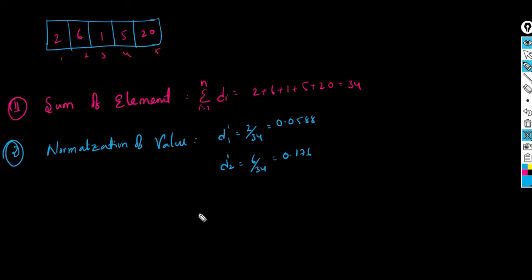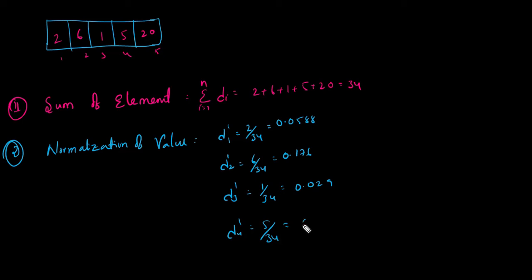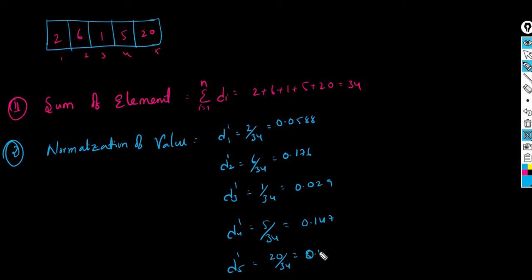In d3, we take 1 by 34, we will get 0.029. In d4 we have 5, 5 by 34 gives 0.147. In d5 we take 20 by 34, and here we will get 0.5.